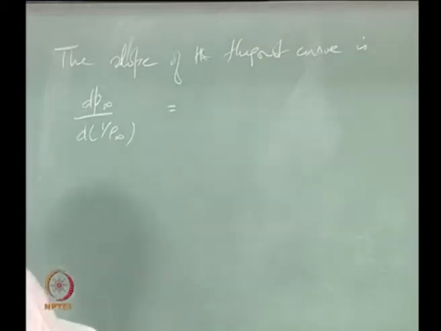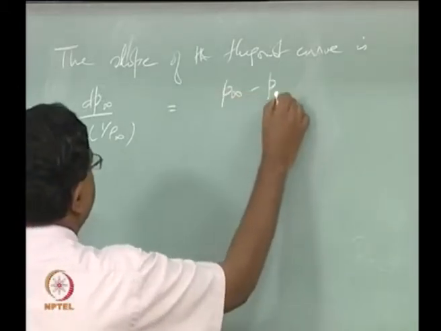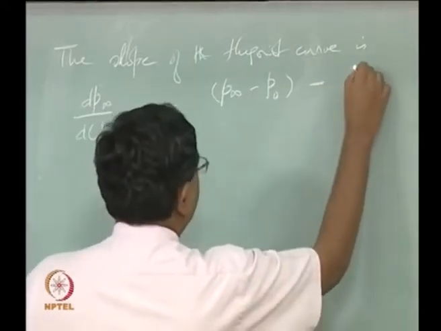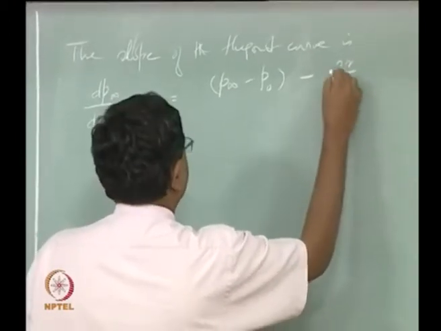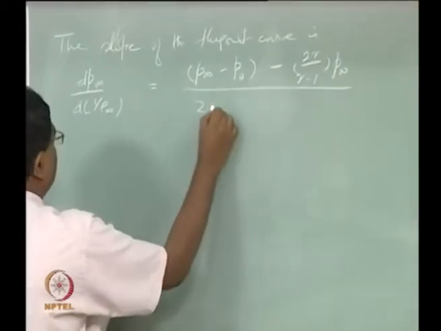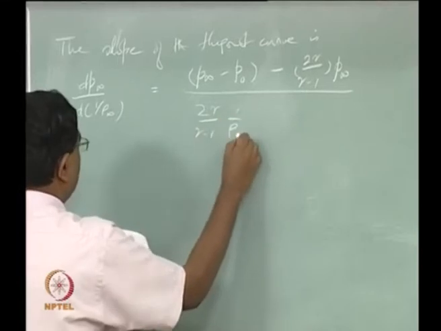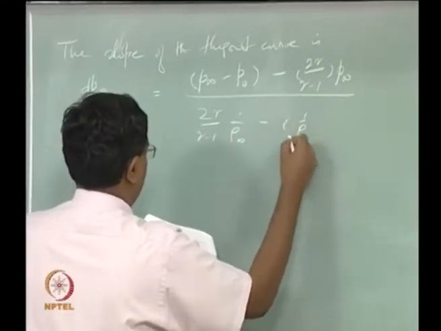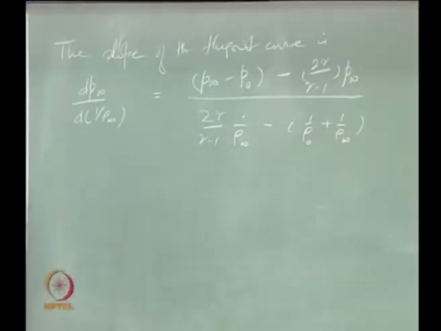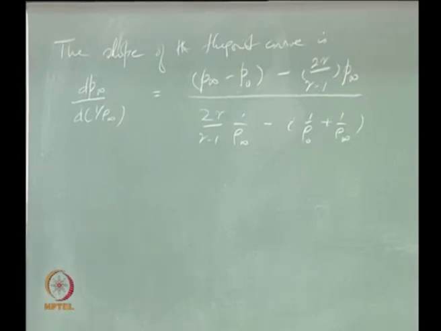So then you get p infinity minus p naught, minus 2 gamma over gamma minus 1 times p infinity, divided by 2 gamma divided by gamma minus 1 over rho infinity minus 1 over rho naught plus 1 over rho infinity. That's the slope expression that you get for any point on the Hugoniot curve. This is actually the slope at any point, okay. We are still not saying that this is at the Cj points.